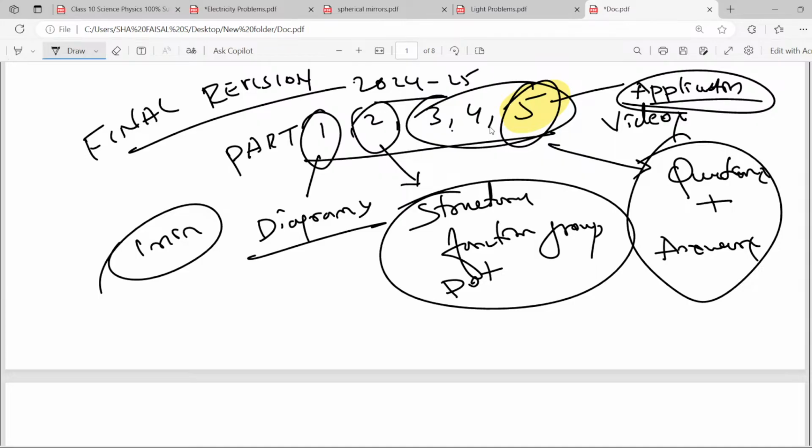DNA related questions are deleted, no need to worry. Only in the chapter heredity, you have to learn the meaning of monohybrid cross, dihybrid cross, what do you mean by dominant, recessive, and traits. You have to remember the basics, then the monohybrid cross checkerboard and dihybrid cross checkerboard.